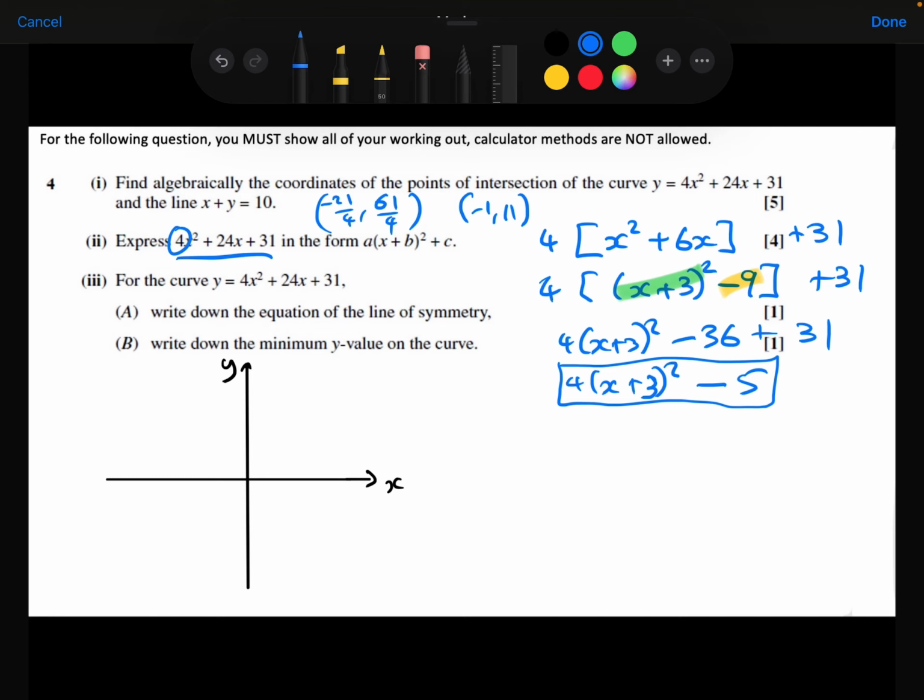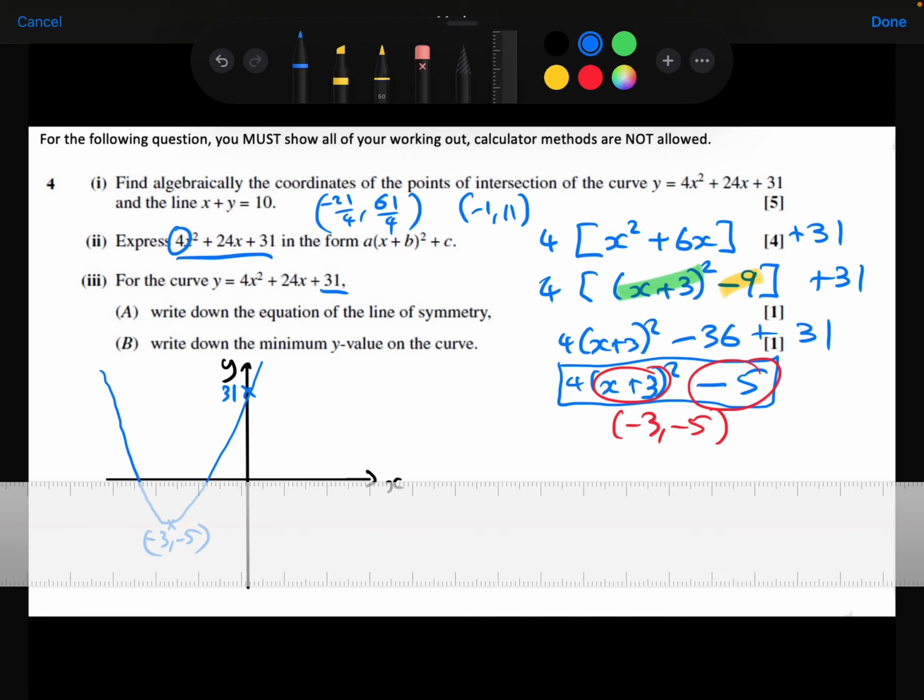For this quadratic, we know it cuts through 31 on the y-axis. We know its turning point is the coordinate minus 3 because of this, minus 5 because of this. The x-coordinate is minus 3, the y-coordinate is minus 5. Which means my quadratic is going to look something like this. Actually, let me redraw that, that's not very good. A little bit better.